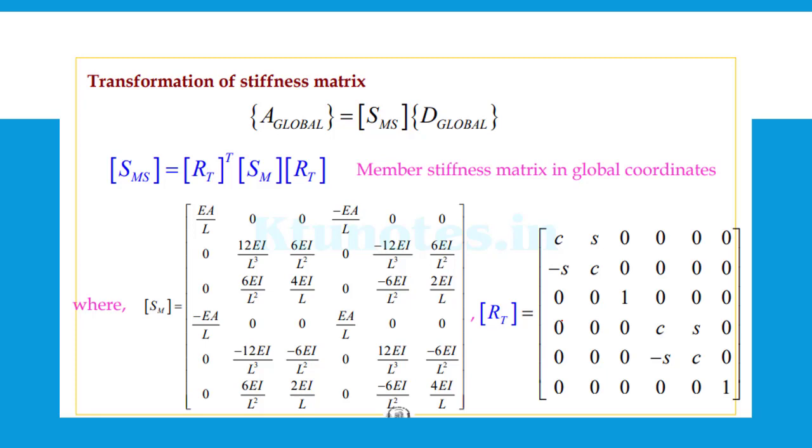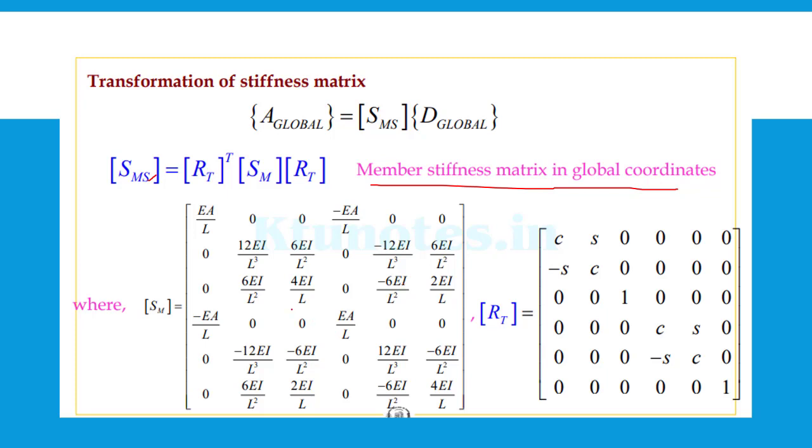This is actually the same equation which we derived for the plane truss member case. SMS is equal to RT transpose into SM into RT, which is the member stiffness matrix in the global coordinate. SM will be the local coordinate, and SMS will be the structure coordinate, the global coordinate.